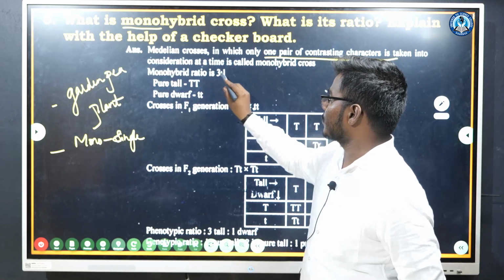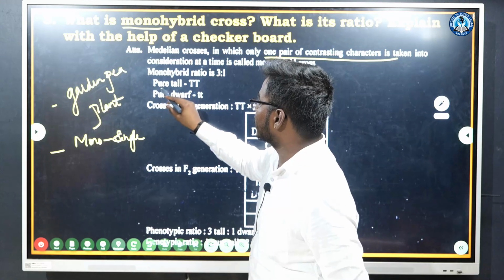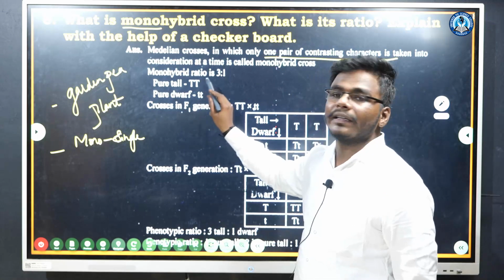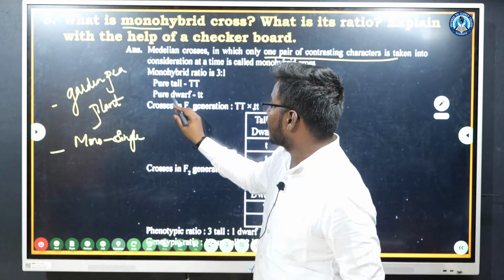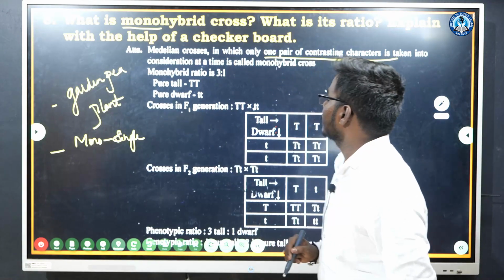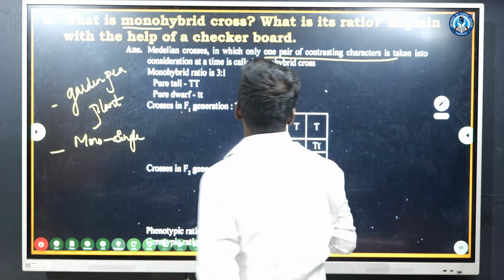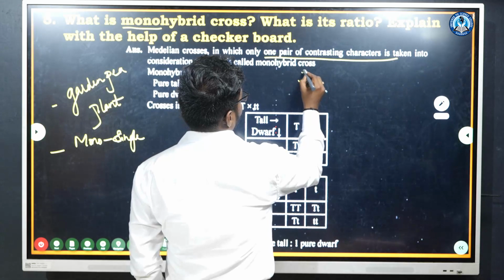So the monohybrid ratio is 3:1, and in that pure tall is capital T, pure dwarf is small t. So crossing in the F1 generation, he took the parents.